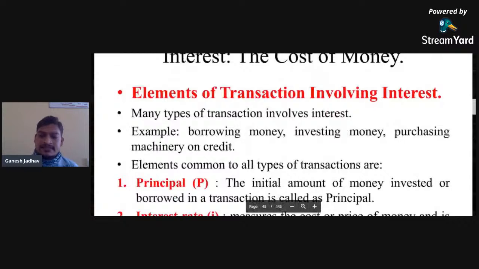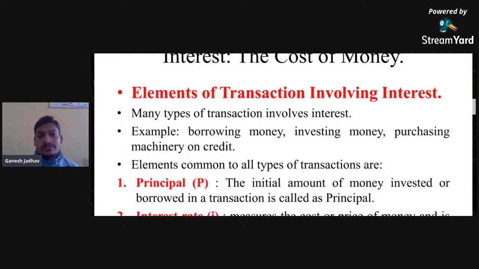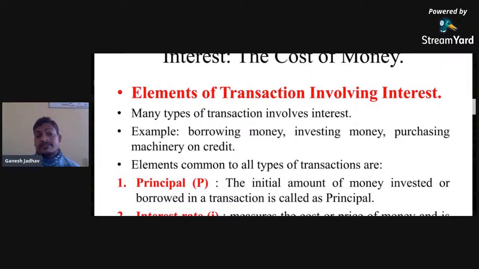Then we move toward the elements of the transactions involved in interest. Many types of transactions involve interest: borrowing money, investing money, purchasing machinery on credit.